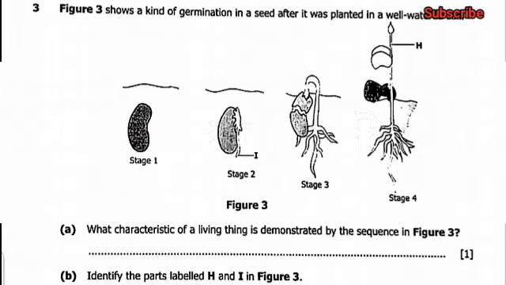You can also mention because this seed is a dicot seed, a dicotyledonous seed. So you can mention taproot. Apart from mentioning taproot, you can also mention because it has got two cotyledons. Yes.